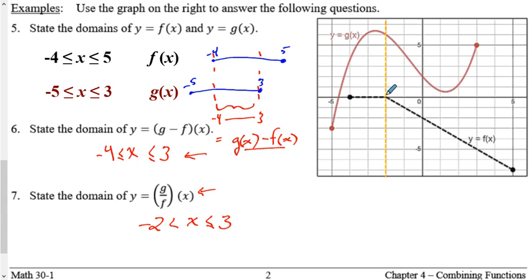And so we said, if I do g of x divided by f of x, there'll be no function in this section because I'd be dividing by 0. But then starting from this point, I get some negative function values for f of x. And so my division of the two functions would be defined all the way up to this point. And so our domain, when we were dividing the two functions, would have been from -2 up to +3, and that's the domain that we wrote there.